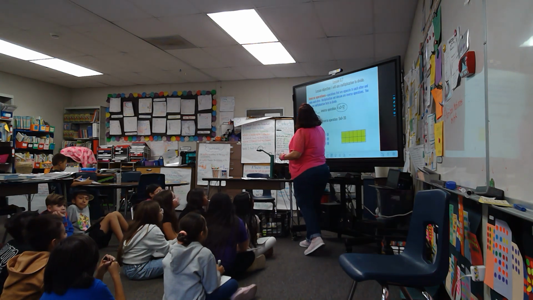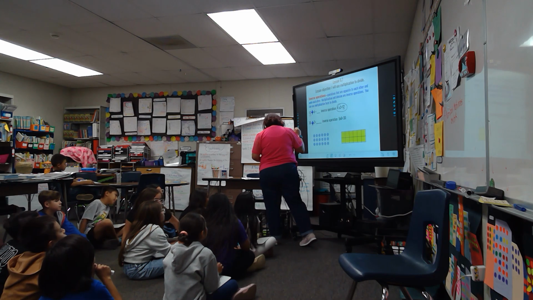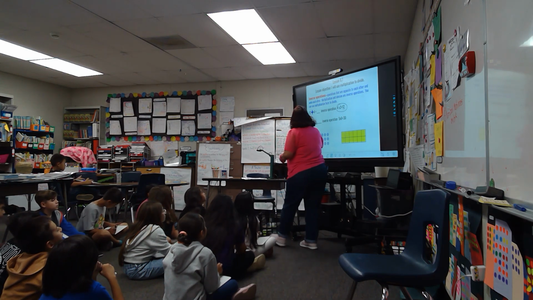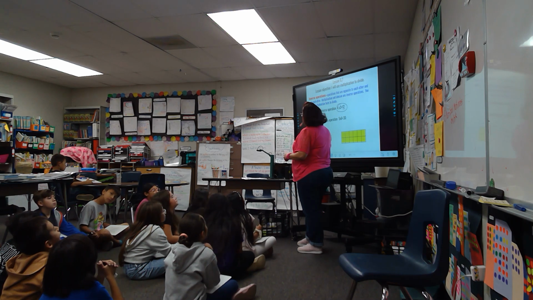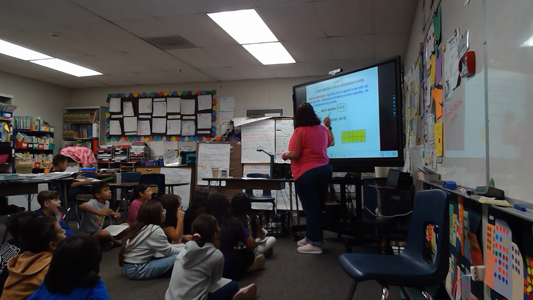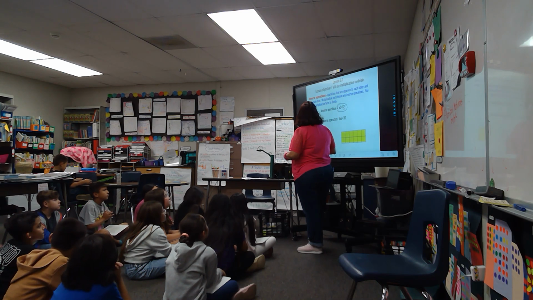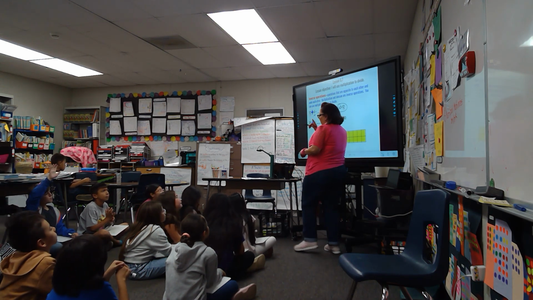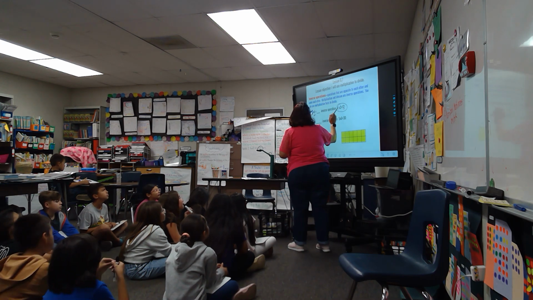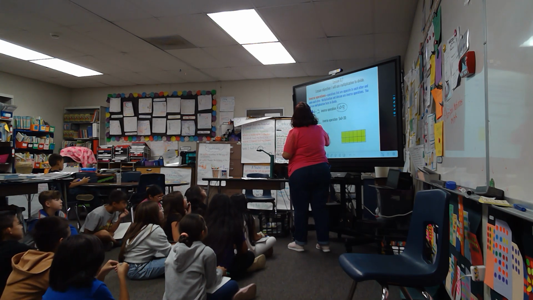So here I have 12, which is the dividend. And then 4 is my divisor. And then 12 divided by 4 would give me 3.